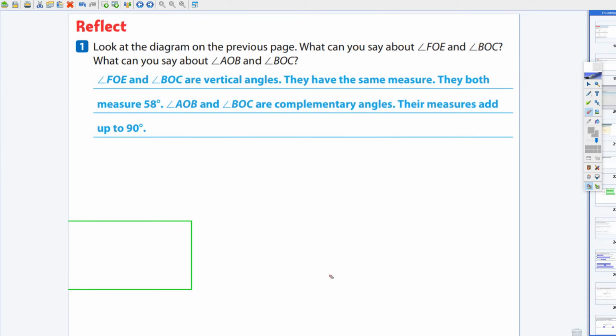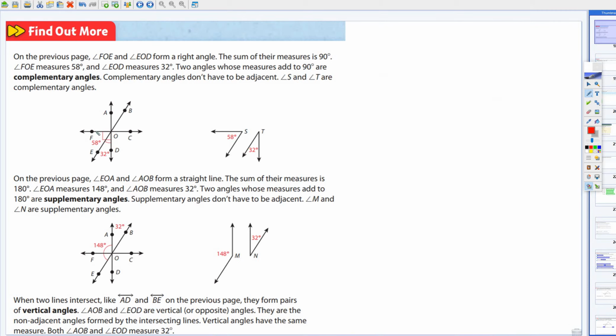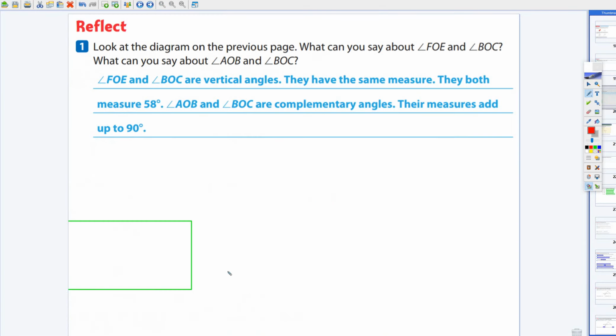And here we go. First part of the question: angle FOE and angle BOC are vertical angles. They have the same measure. They both measure 58 degrees. Angle FOE, you can see it's 58 degrees, and angle BOC, which is opposite. These are vertical angles. Angle AOB and angle BOC are complementary angles.